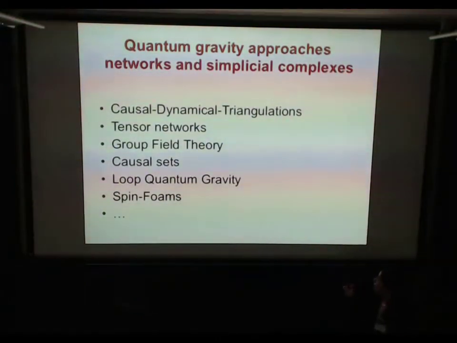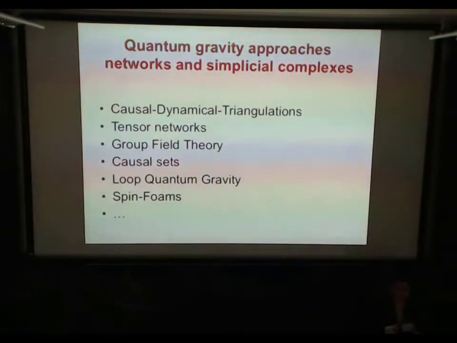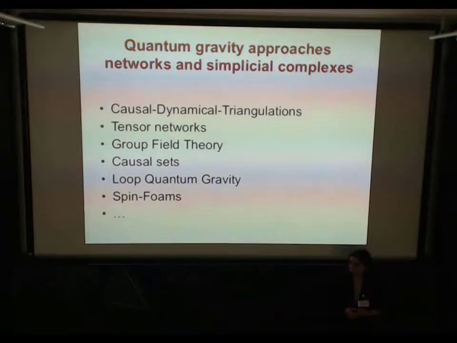Causal dynamical triangulation is really the idea of stacking simplices and polytopes. And you have tensor networks, which use simplicial complexes, and causal sets, which also use networks, and so on. It's quite interesting how they use different discrete structures for their purpose.